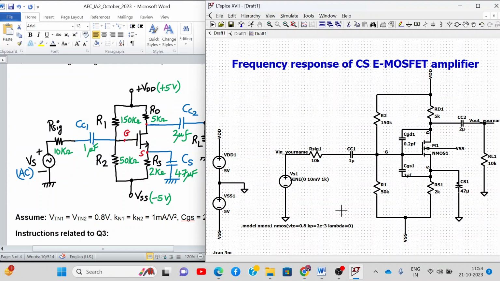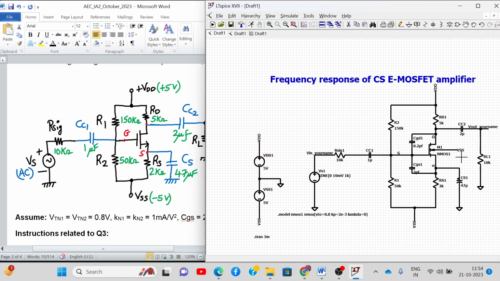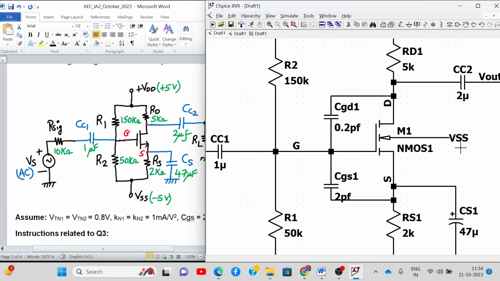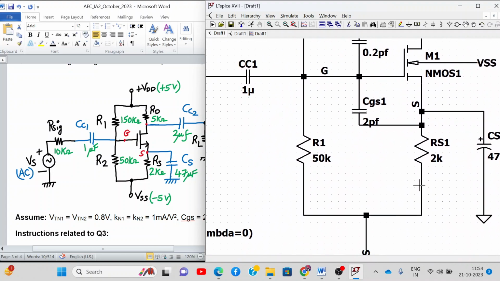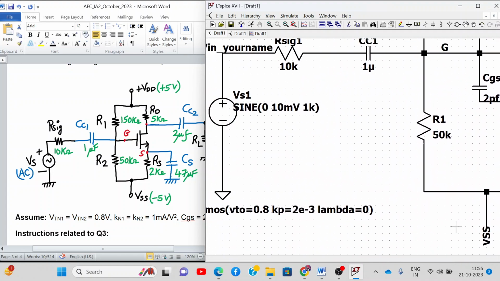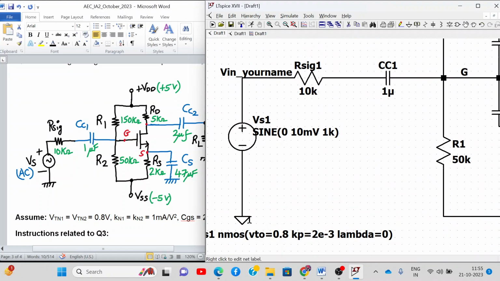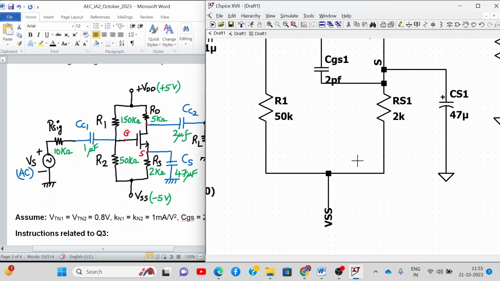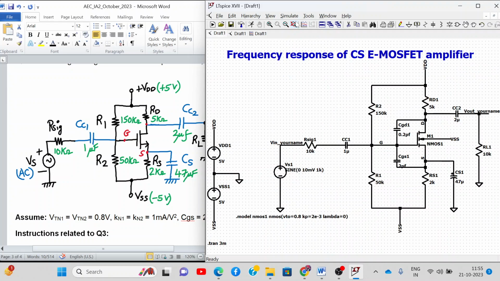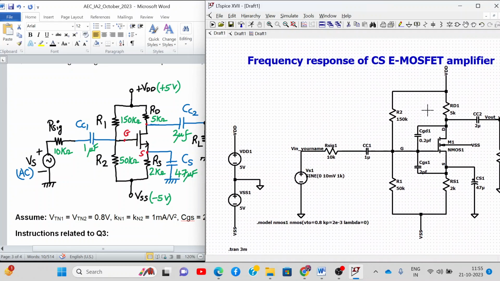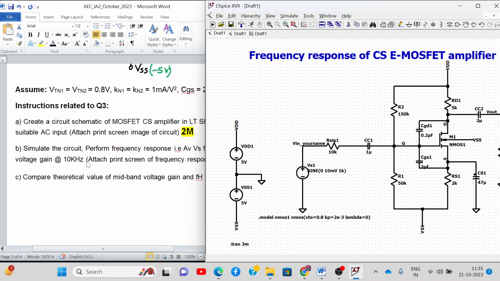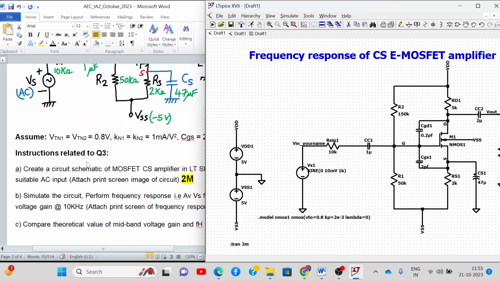Also the same thing. Here the body terminal of the MOSFET has to be connected to the most negative part. This terminal will go to VSS. The supply voltage will go to ground, and this capacitor will go to ground. That you have to take care. Okay. And what is the special thing which you have to take care of is you have to apply a suitable input. So here you cannot apply AC.